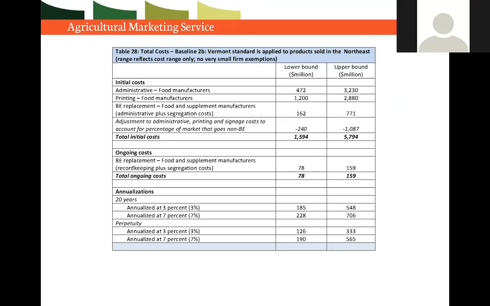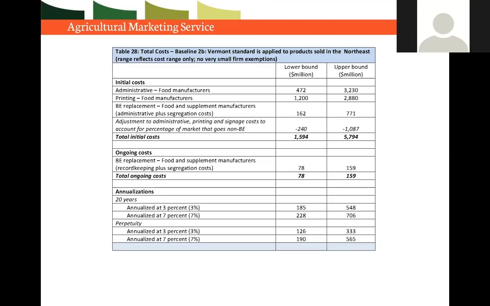This proposed rule is one for which assessment against multiple baselines would be informative for purposes of compliance with Executive Order 12866 and Circular A4. USDA therefore examined 3 possible baselines. In this webinar, we present the analysis of one of these baselines, namely the baseline in which the Vermont labeling law is enacted. In this case, the benefits of the proposed rule would be the avoided costs of the Vermont BE labeling law.